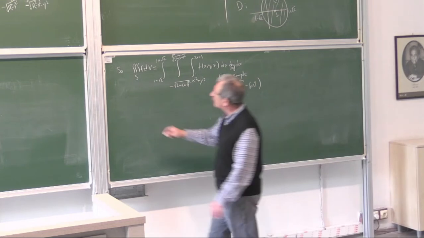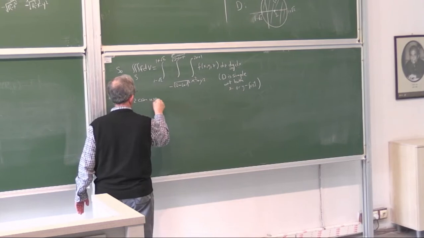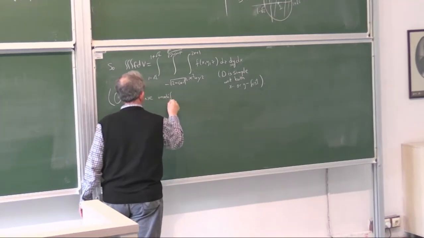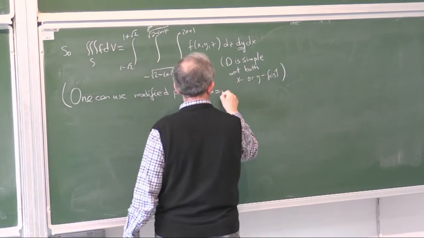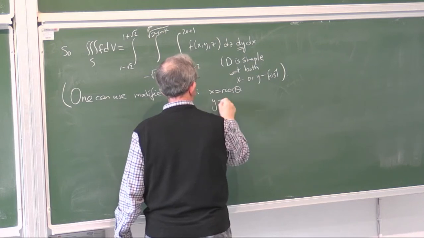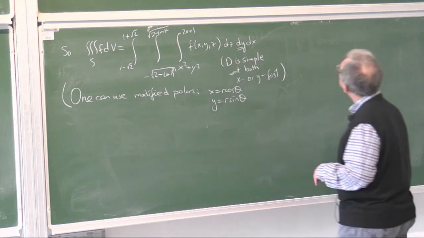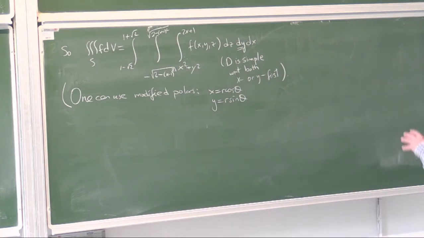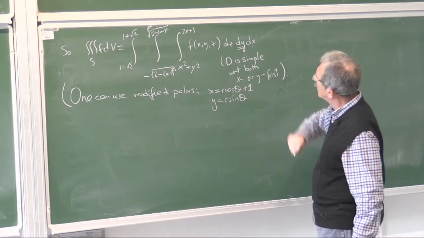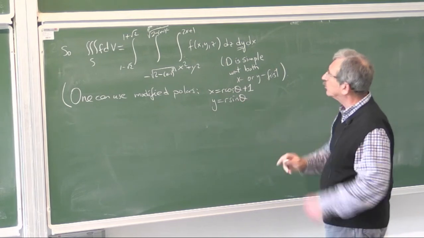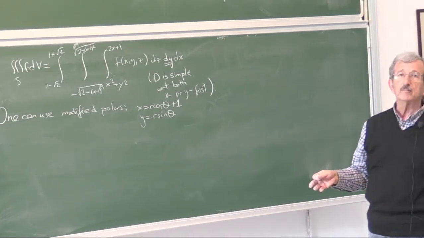Okay. So let me just comment. One can use here modified polars. Namely, x is r cosine theta, y is r sine theta. These are standard polars. But we modify it so that when we subtract 1 from x, we just get r cosine theta, so we add 1. So x minus 1 now is r cosine theta, so the sum of the squares is r squared.